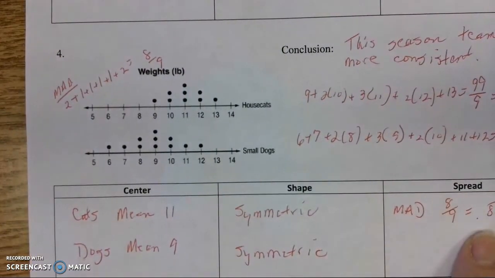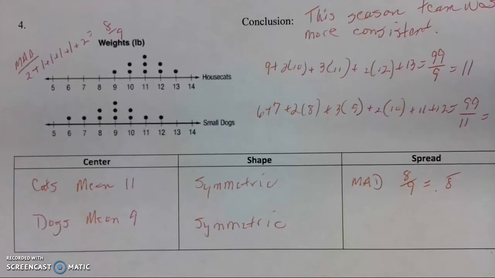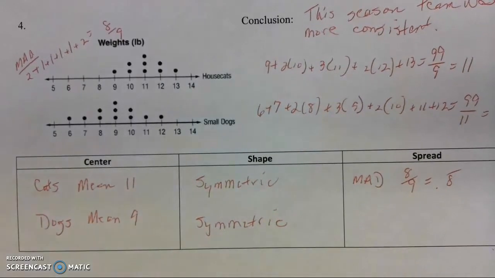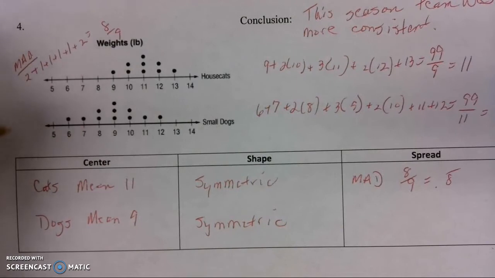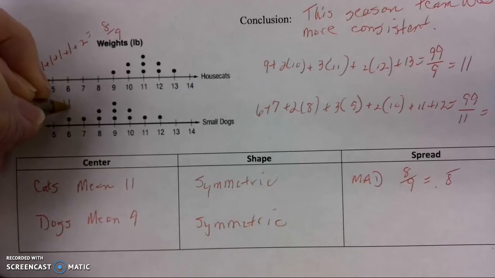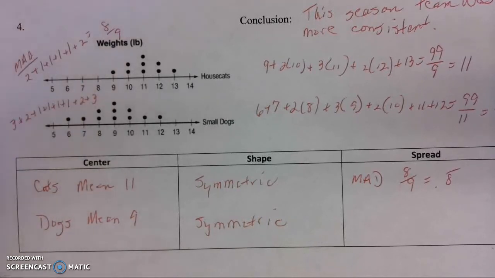And that's a really good MAD because that tells me that my data is really close together and consistent. So now let's take a look at the small dogs, and we've got a 3, a 2, and then 1, 2, it looks like 4 ones, 3, 4, and then another 2 and another 3.